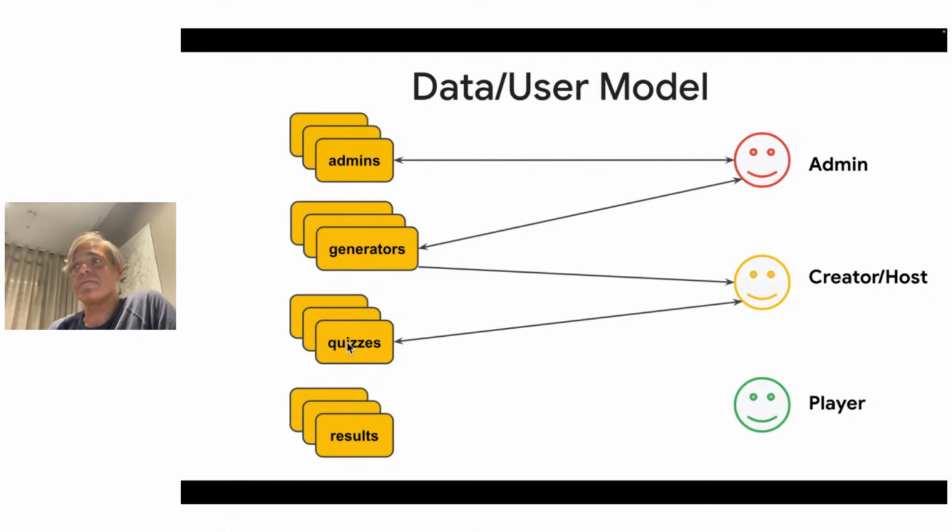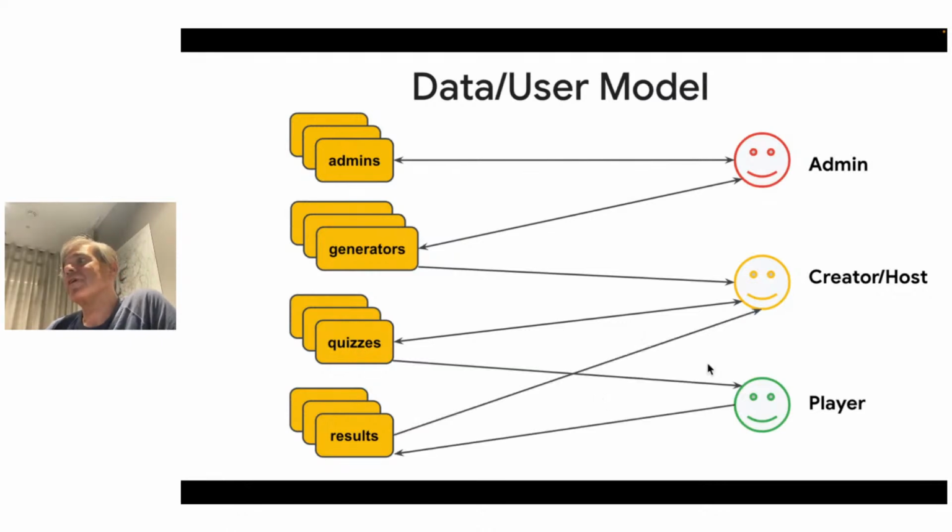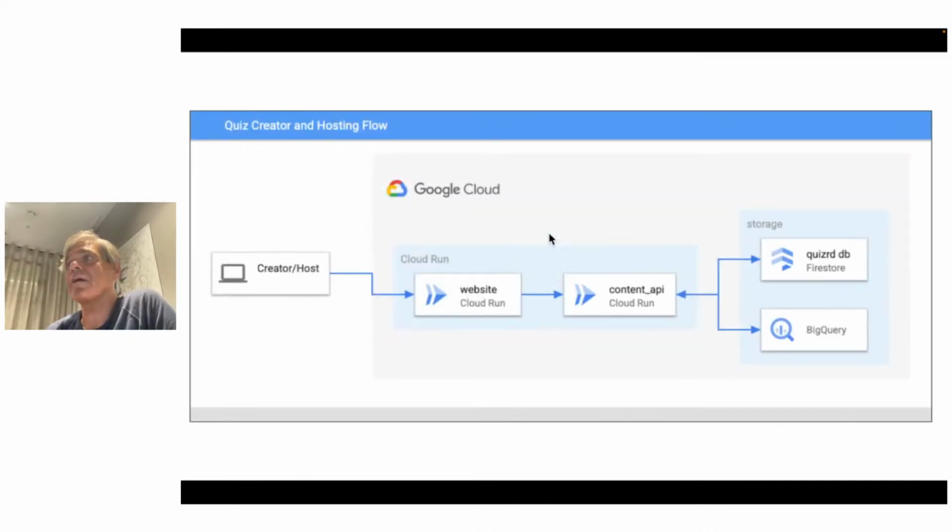And then they, of course, store quizzes after they use the generators to generate them. And then finally, the players can read the quizzes so they can participate, and they can write their results for a given quiz. So that kind of covers the whole data model. I feel like it's not that complicated for this kind of application. So I'm happy with that.